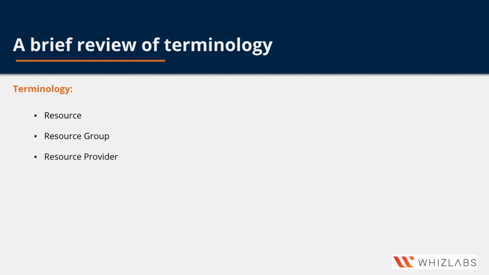A resource provider is a service that supplies the resources. For example, the resource provider Microsoft.Compute supplies the virtual machine resource. The resource provider Microsoft.Storage supplies the storage account resource, and so on.